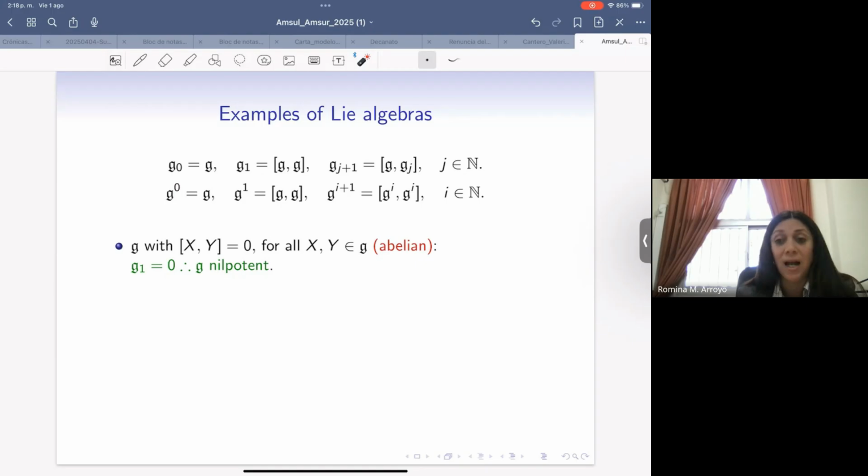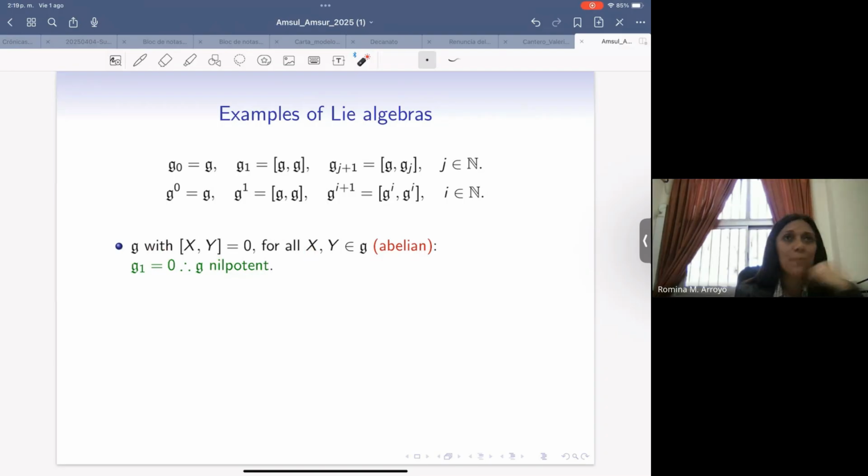So these Lie algebras, which are called abelian, are nilpotent. Then, if we start from low dimensions, we are interested in even dimensions. So if you have a Lie algebra of dimension 2, one of them is this abelian one, okay?